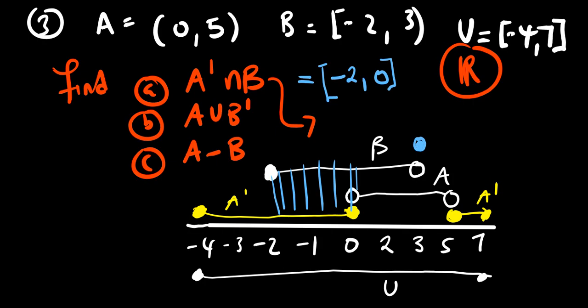So we're going all the way to 7. So this is B complement on this side. On the other side, because negative 2 is included in B, we're not going to close it. So this is also another part of B complement.